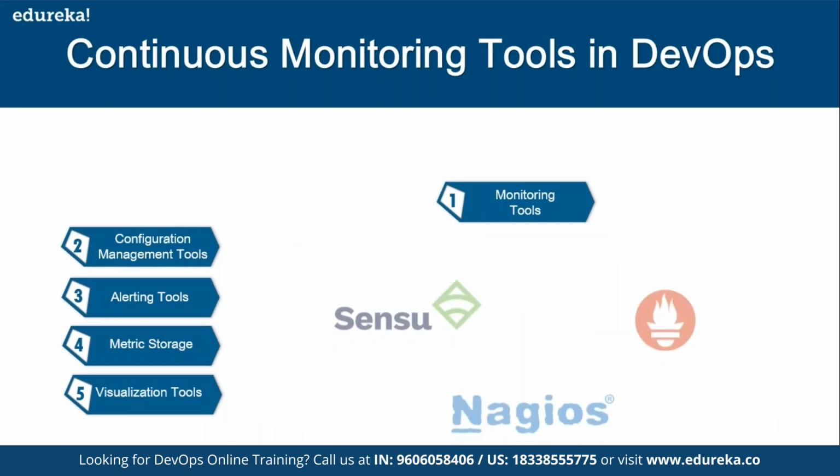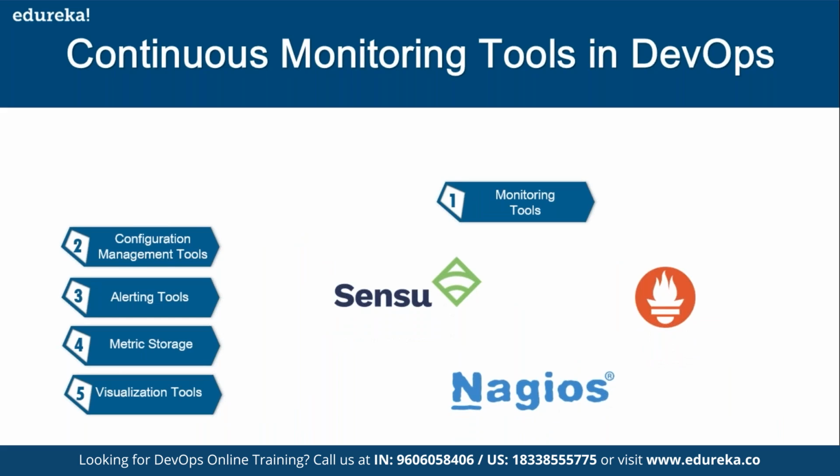A good monitoring platform lets you monitor infrastructure and application performance, whether on-prem, in the cloud, or across containerized environments, so you have complete visibility into every system all the time.